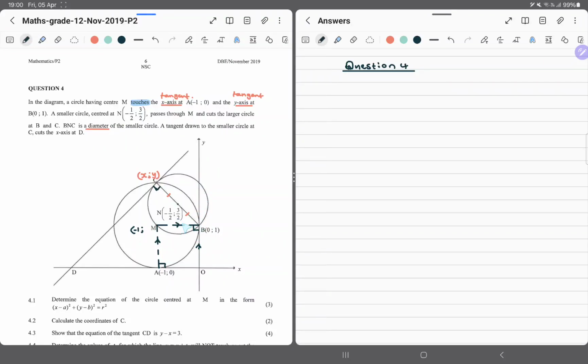Therefore, this becomes a line parallel to the x-axis. Now this makes line MB a horizontal line. So on a horizontal line, we've got the same y value for all those different x values. So that means the y value at M should also be 1, which is the y value at B. So this is giving us the center of this circle indirectly.